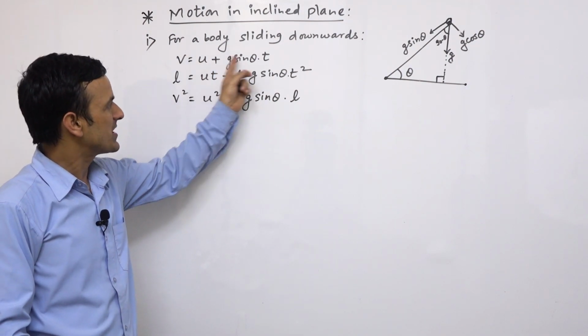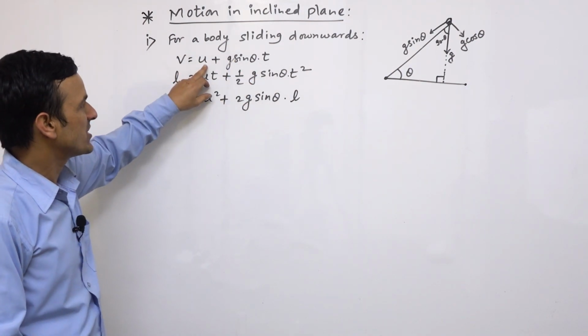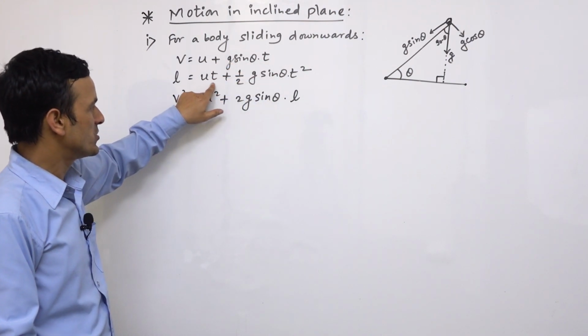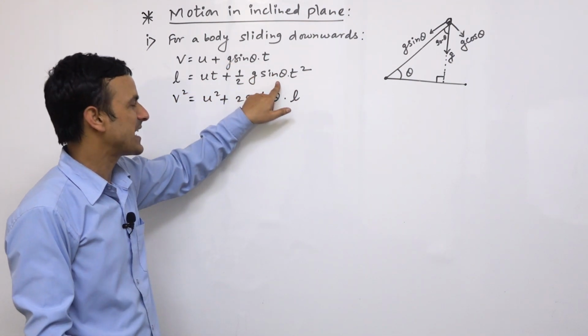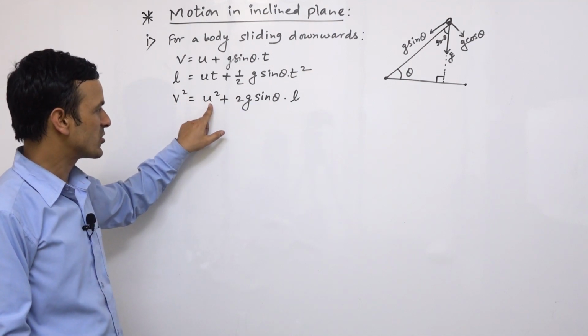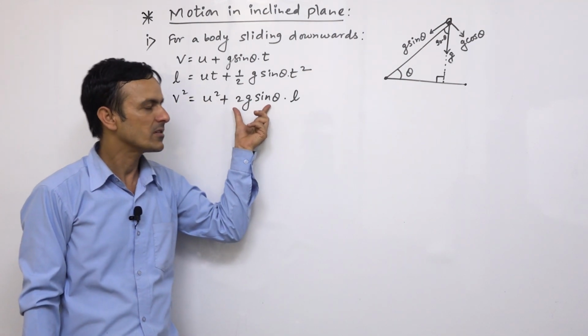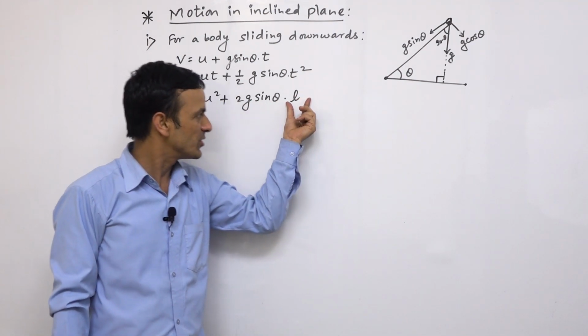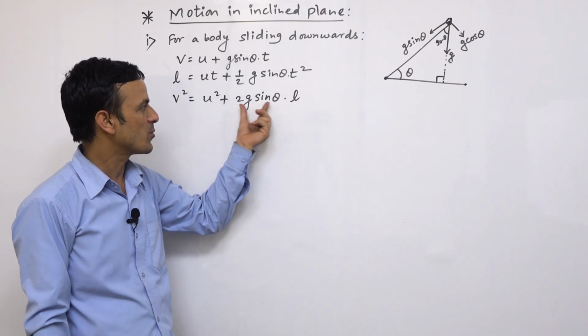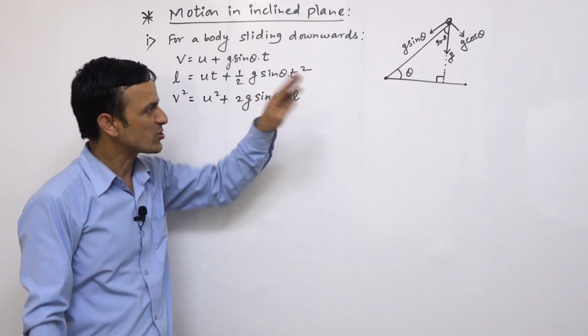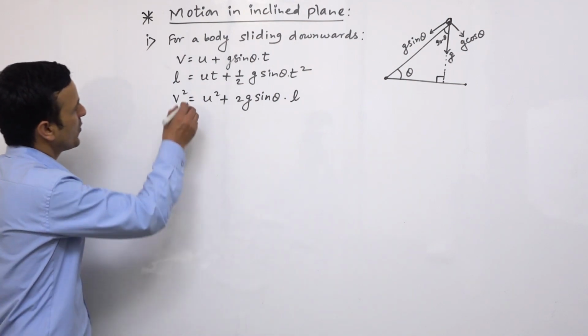So it is u plus gt as in the previous result, u plus g sin θ into t. Then ut plus half gt square becomes ut plus half g sin θ into t square, and v square is equal to u square plus 2gh, where in place of h we have L and in place of g we have g sin θ, and the sin and cos terms come in this form.